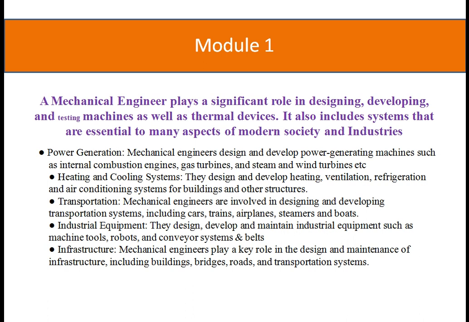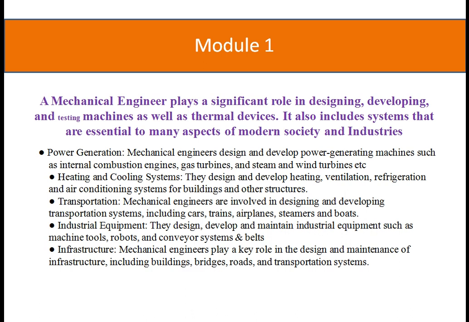So here he is going to design, develop and test machines as well as thermal devices. It also includes systems that are essential to many aspects of modern society and industry: power generation, heat and cooling systems, that is AC, transportation, industrial equipment, infrastructure. So like this, we have different types of outputs.